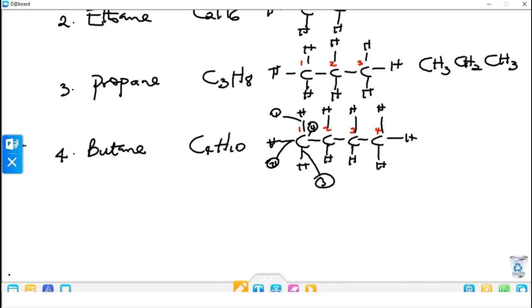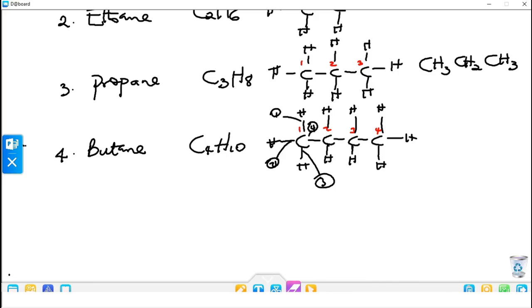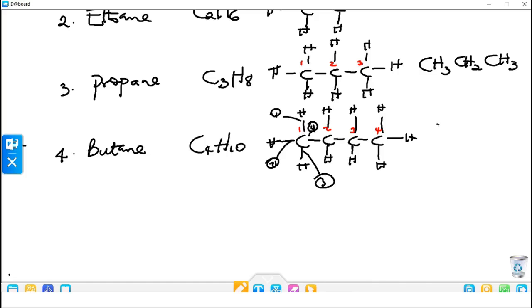Now, the condensed formula for this compound will be CH3, CH2, CH2, and CH3.